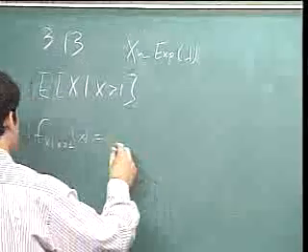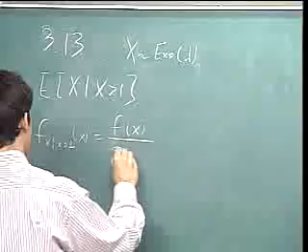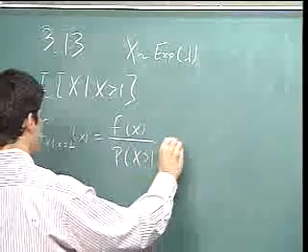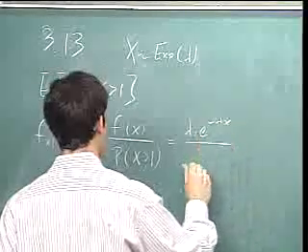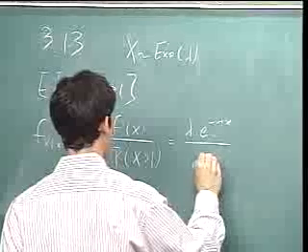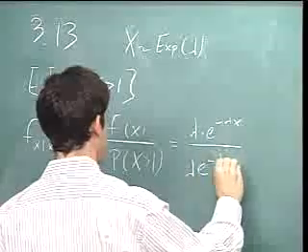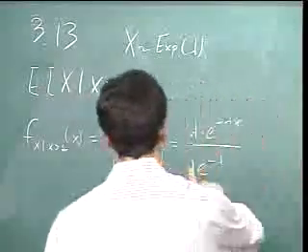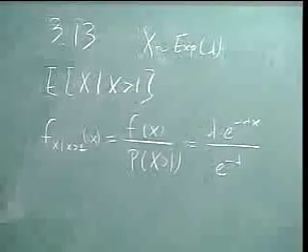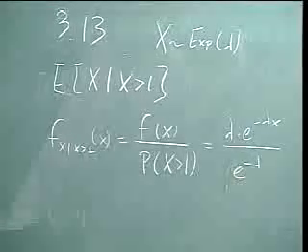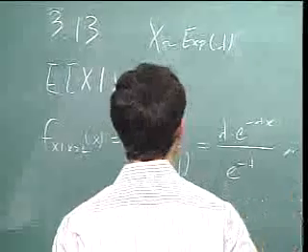Then this is just f of x over the probability that x is greater than 1, which is lambda times e to the minus lambda x over e to the minus lambda. And this, of course, is only defined for x greater than 1.